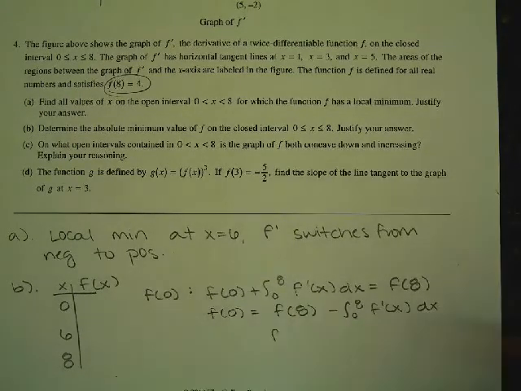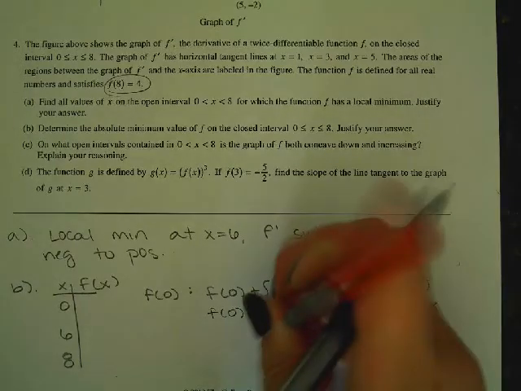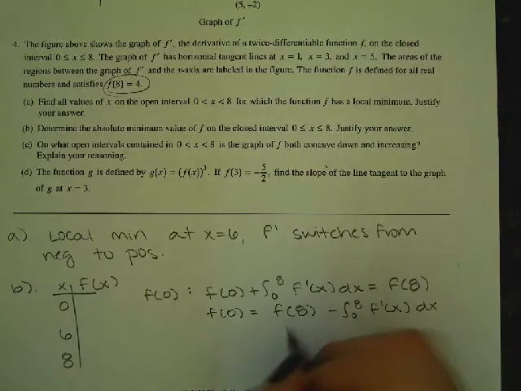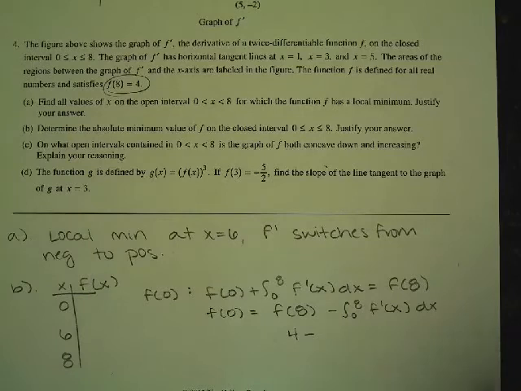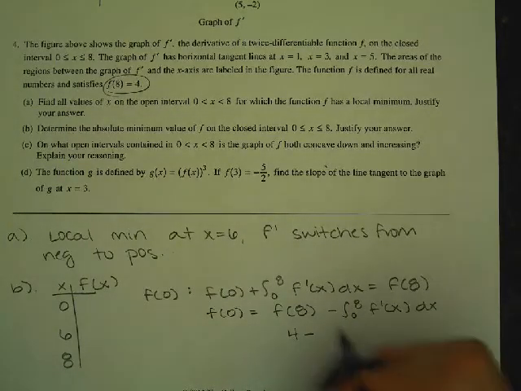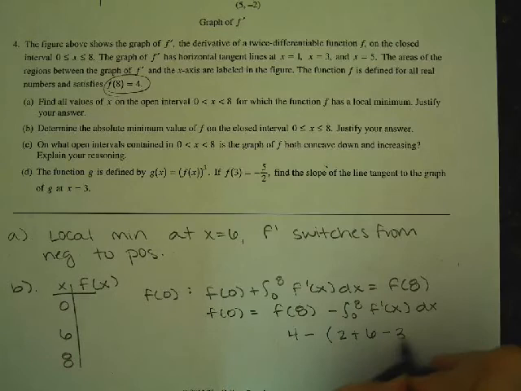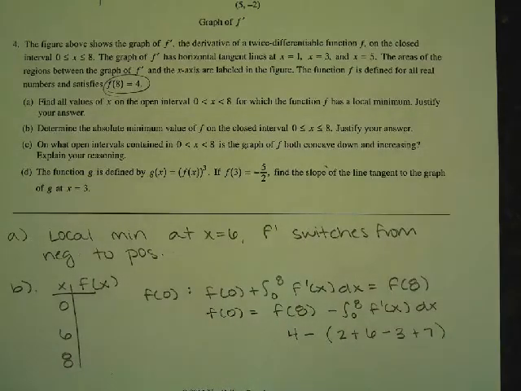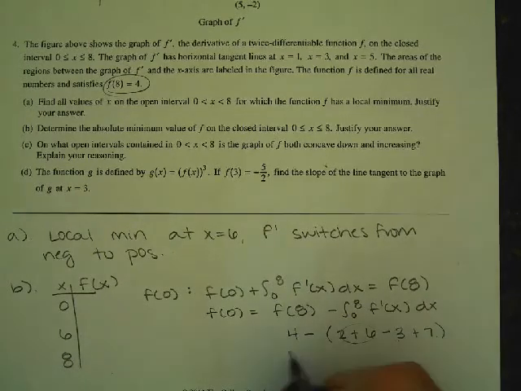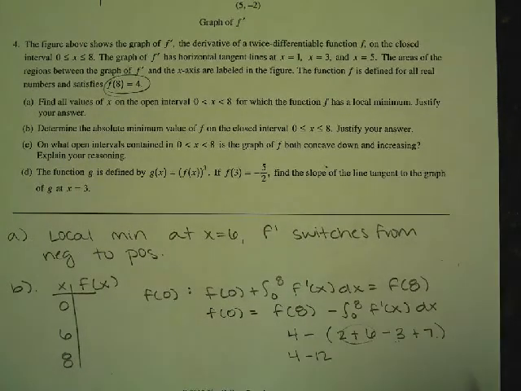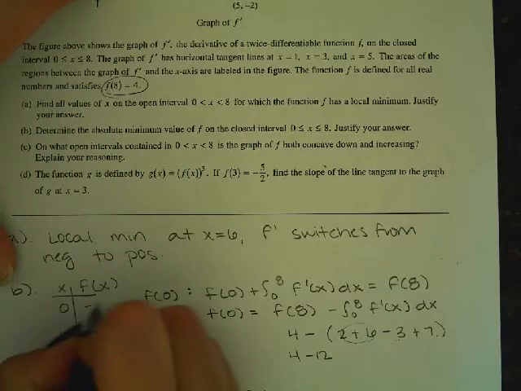So I had f of 8, which was 4, and I'm subtracting off the area from 0 to 8. That's positive 2, positive 6, negative 3, and positive 7. So 8 minus 3 is 5, plus 7 is 12. So I've got 4 minus 12, which is negative 8.